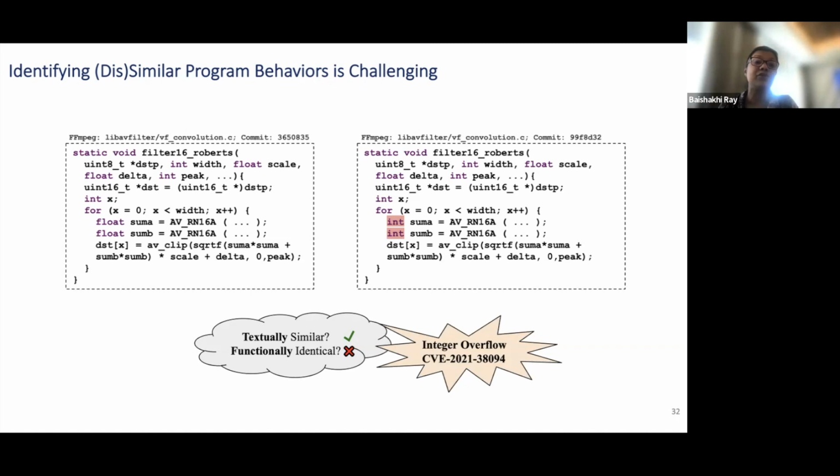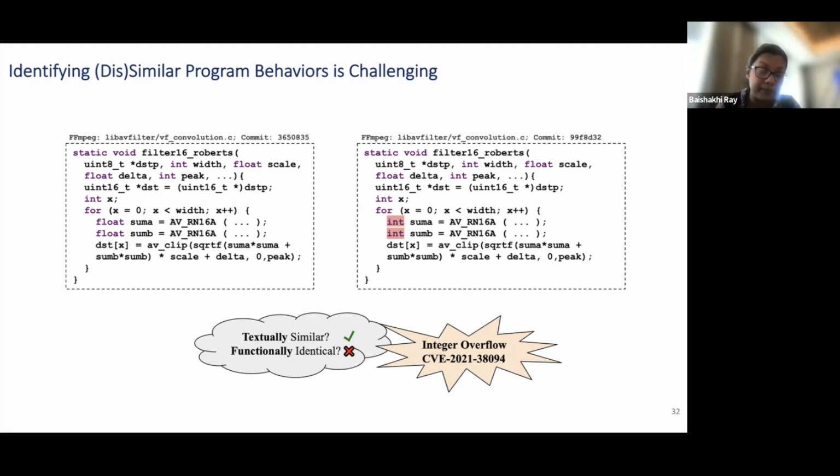The result in real code is a disaster, because this leads to an integer overflow vulnerability. This is a real example that we curated from CVE, the common vulnerability database, right?